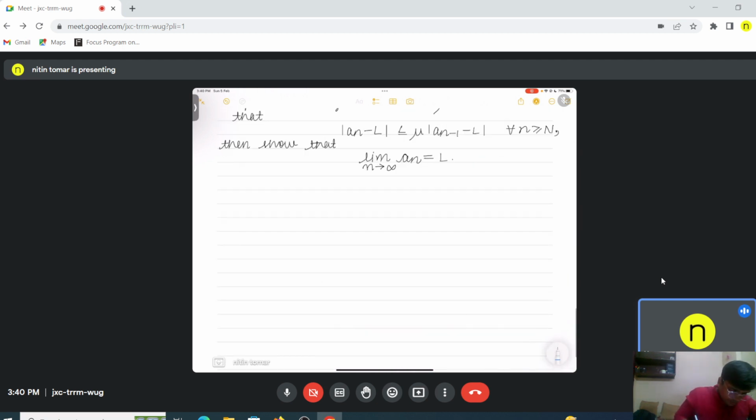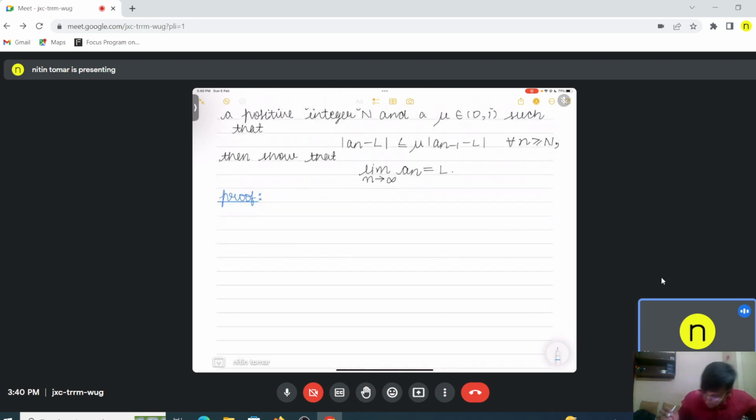Proof. What do we do? We can use this inequality again and again in the following way.